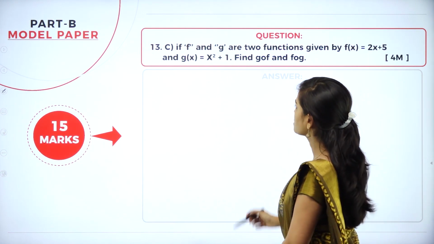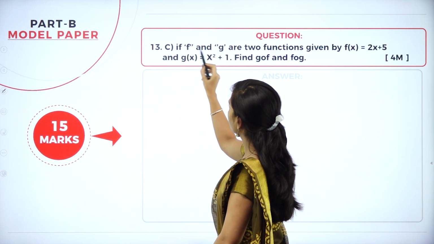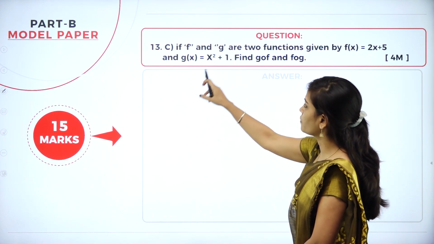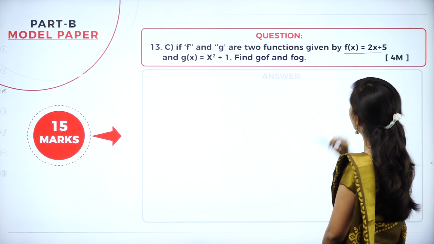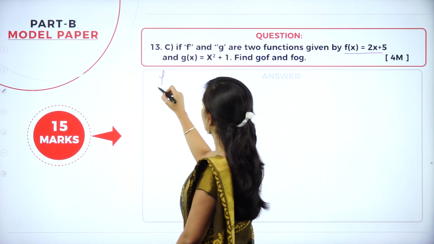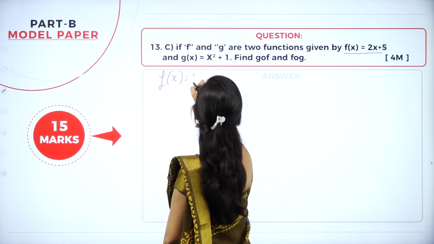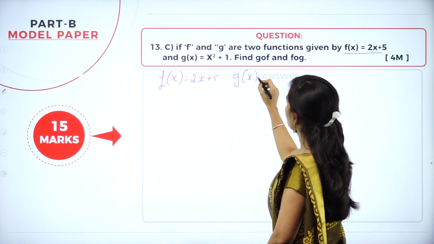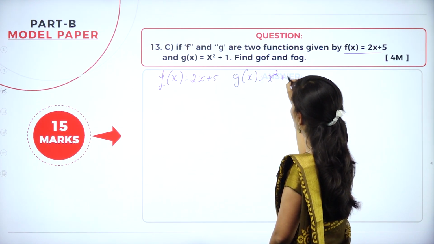And the next question is C. If f and g are two functions, so here we have two functions, f and g, by f of x is equal to 2x plus 5 and g of x is equal to x square plus 1.